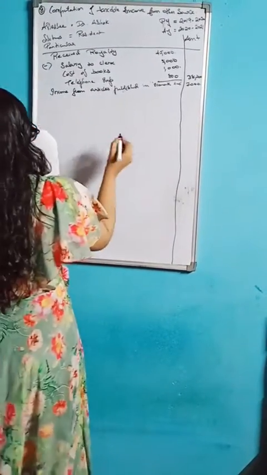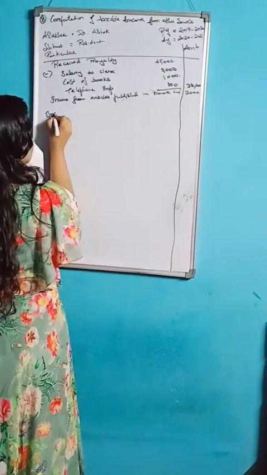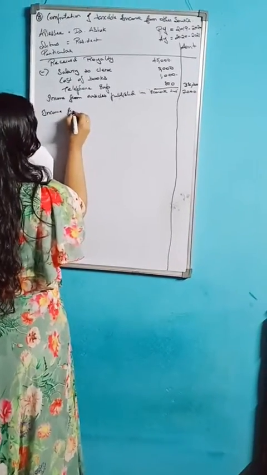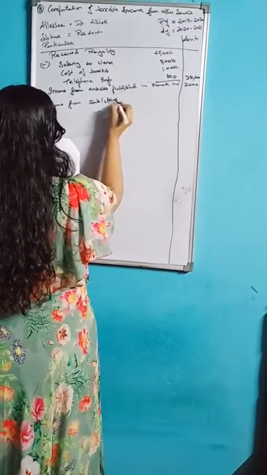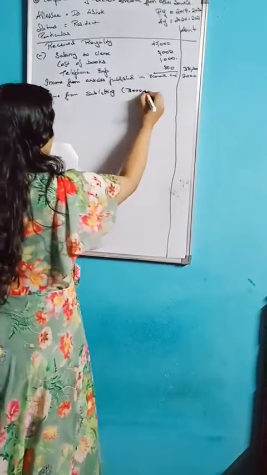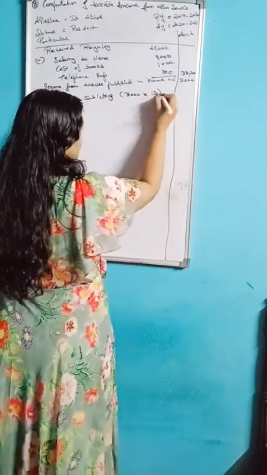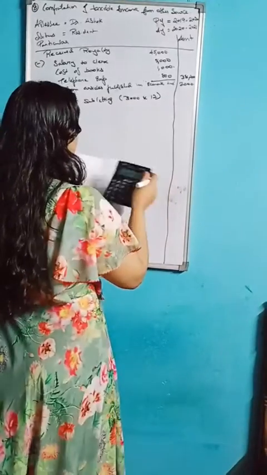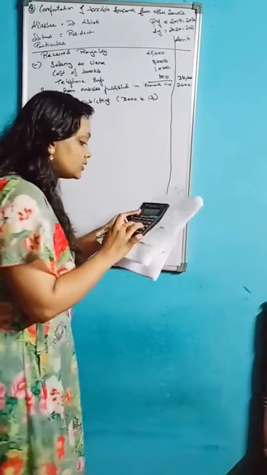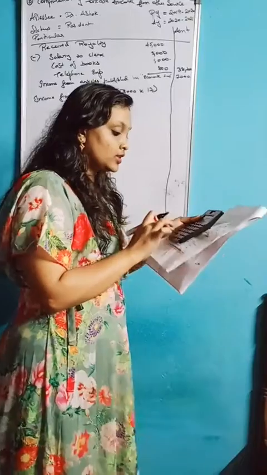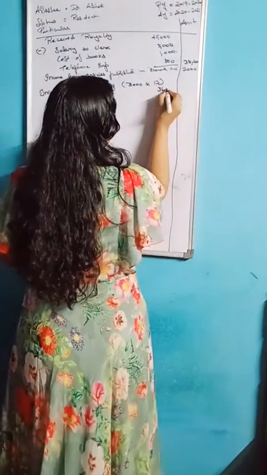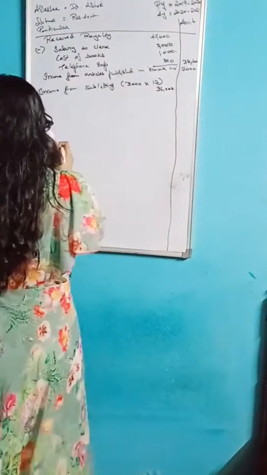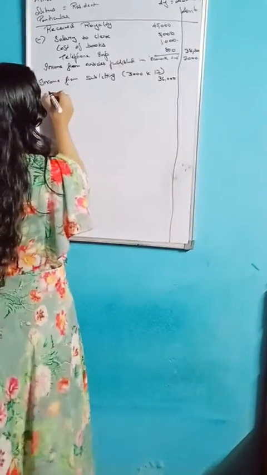Yes. So income from subletting, that is 3,000, because in the question they have mentioned 3,000 per month. So how much will you get? 3,000 into 12, you will get 36,000. Right, here 36,000. Next in the question they have mentioned rent, isn't it?